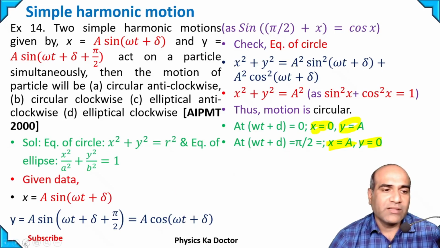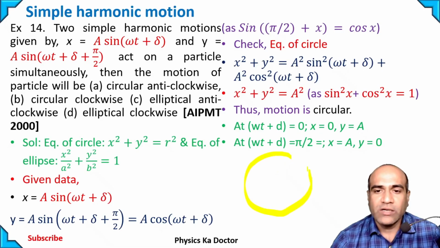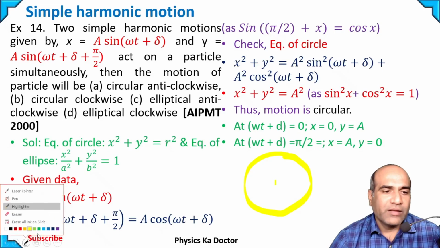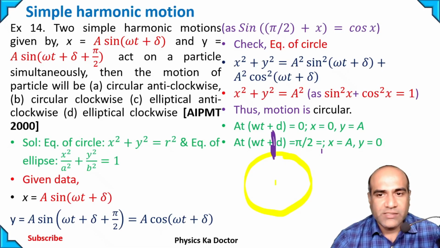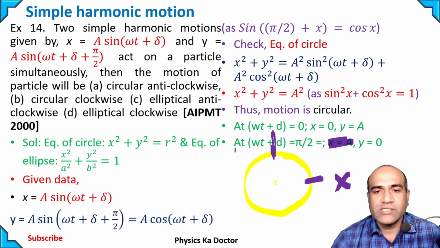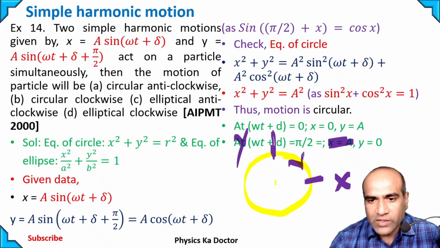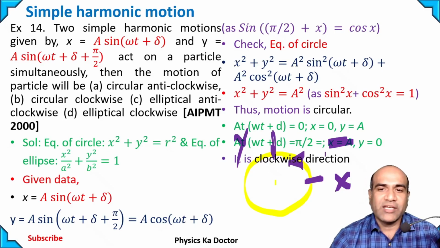If we draw a circle, the initial condition x is 0 and y is a, so this is the starting point. After pi by 2, x is a and y is 0. This is the x direction, this is the y direction. That means the body is rotating in this direction. Which direction?